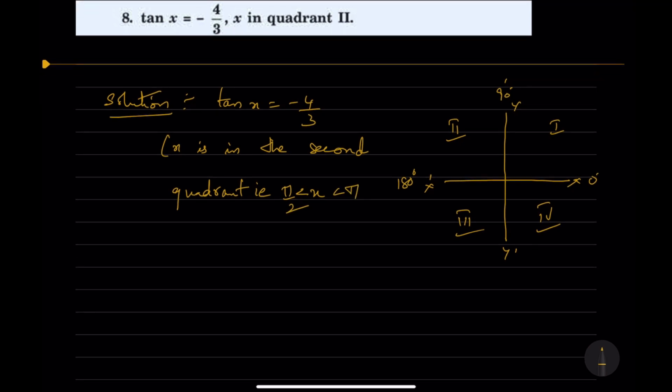So now, which implies that if you are dividing by 2 all throughout, you will get pi by 4 is less than x by 2 is less than pi by 2. We are finding out what is tan x by 2. So in order to find out tan x by 2, we have to do all this.